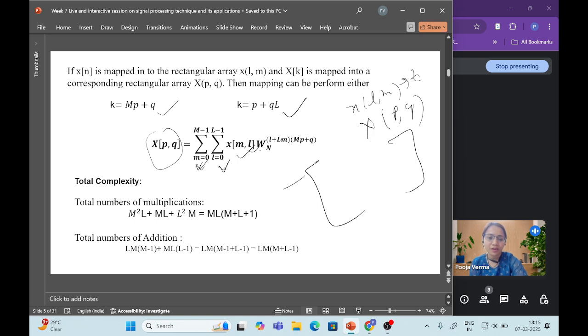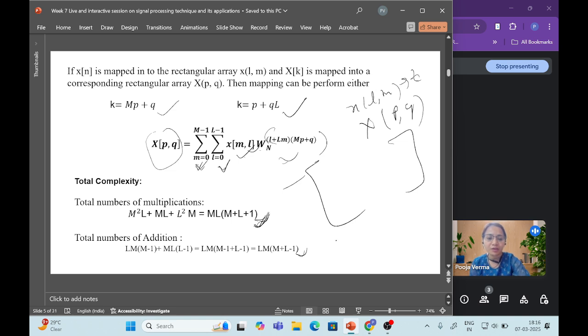So here correspondingly we will arrange this one. While we are mapping, what will be the total complexity to solve this type of problem if we are using the divide and conquer approach to solve the DFT problem? The total number of multiplications required is ML(M plus L plus 1). So we will use these formulas while we solve the problem. And the total number of additions required is LM(M plus L minus 2).